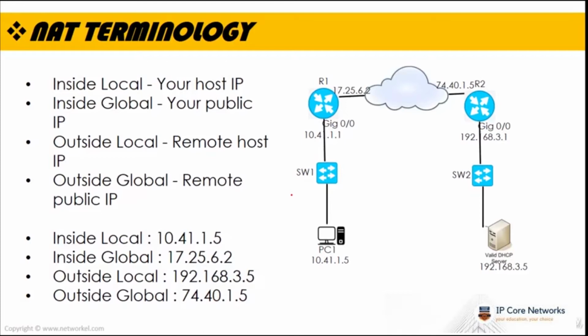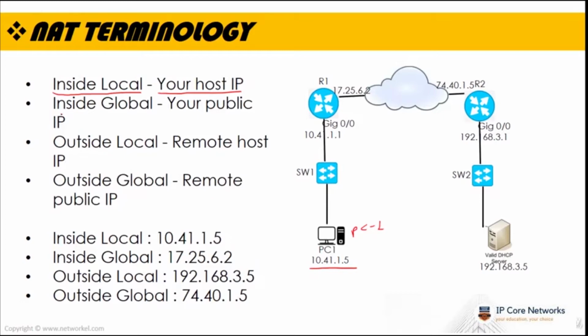Let's go ahead with the NAT terminology. In NAT terminology, we have some terms such as inside local, which means your host IP. For example, if you are on PC1, your inside local IP is the IP address of PC1.